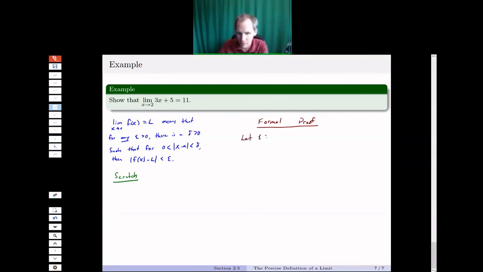So let epsilon be greater than 0. Right? So it's any number greater than 0. Okay, now I have to pick a delta based on that, and I need to figure out what that is. So I'm going to go back over to my scratch work, and here I'm going to work backwards.